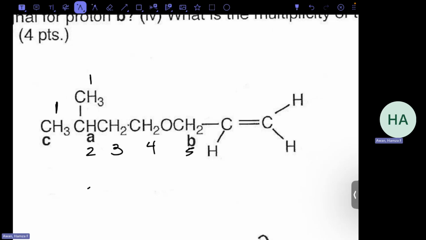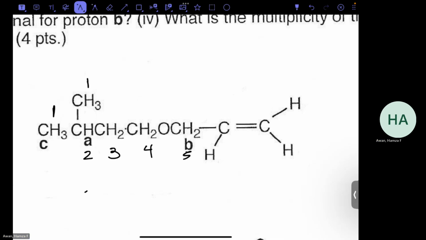And then after the oxygen, we have our 5th, so this HB. And whenever we have double bonds, one thing that we can't take the liberty of doing with double bonds is just rotating them at will, right? Double bonds are kind of stuck in their positions. So because of that, all of these hydrogens are actually in different environments. This first CH is going to be number 6, and then the CH on the bottom is going to be our number 7, and then on top is going to be number 8.